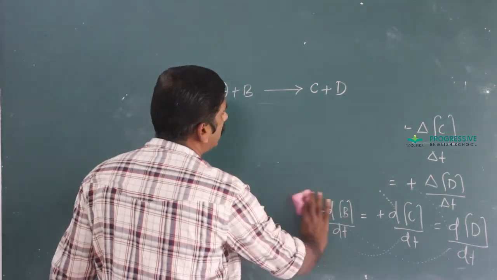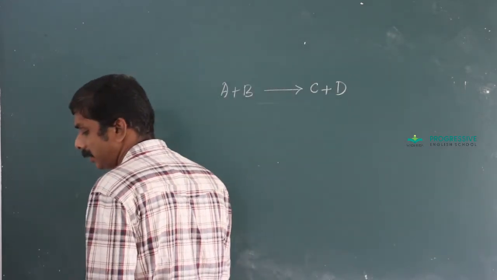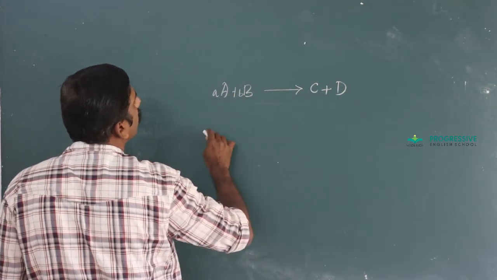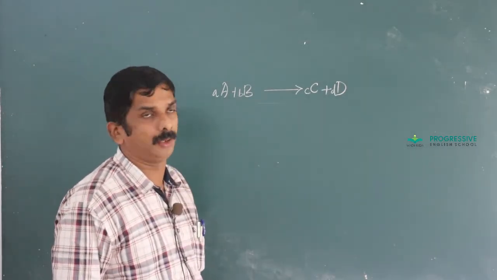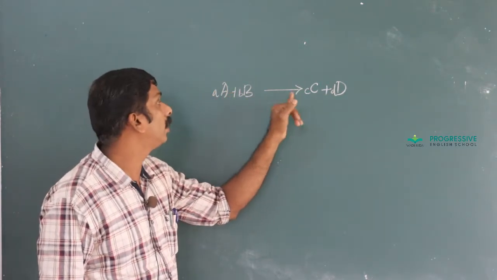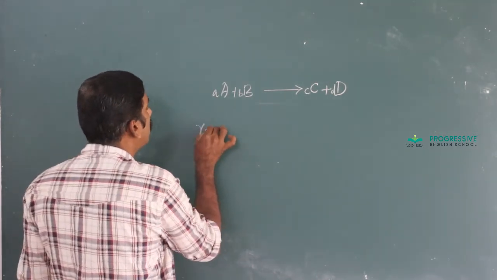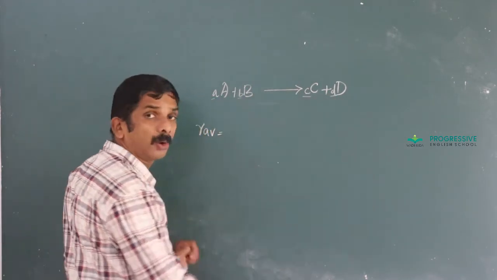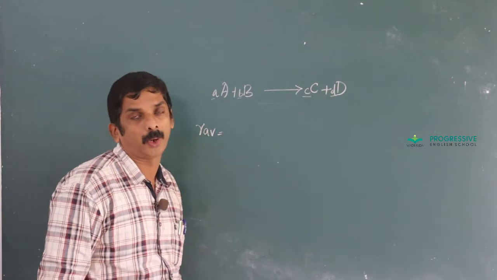And for a general equation, a moles of A plus b moles of B gives c moles of C and d moles of D. For a general reaction, the average rate and instantaneous rate: here small a, small b, small c and small d are the coefficients of reactants and products.